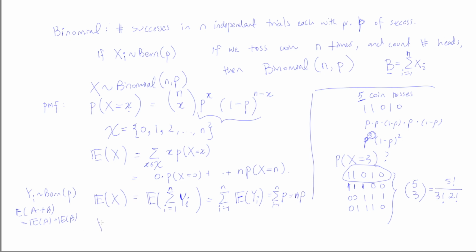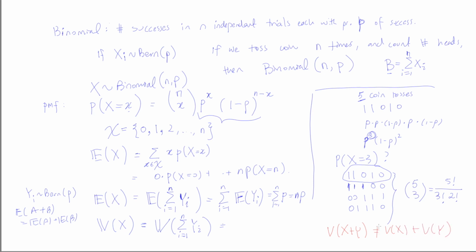And what about the variance? Okay, well, again, let's use the same trick. The variance of the sum from i equals 1 to n of the Bernoulli random variables. Now, variance is not linear. The variance of X plus Y is not equal to the variance of X plus the variance of Y in general.